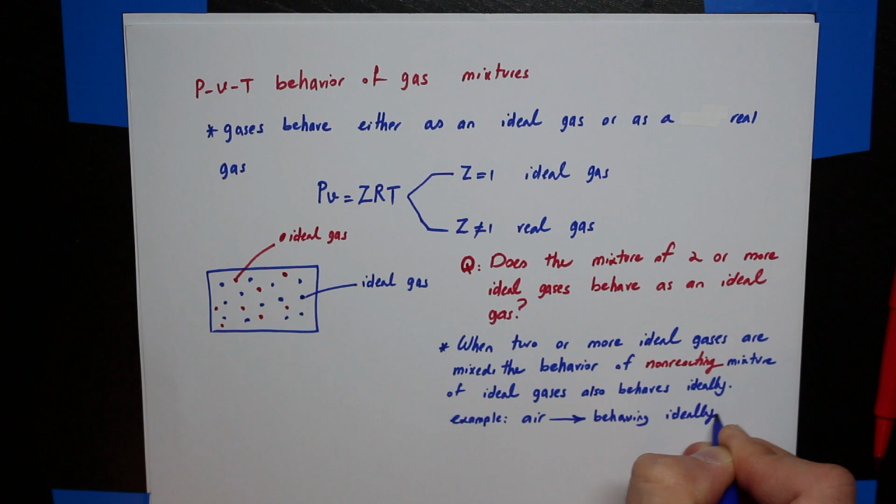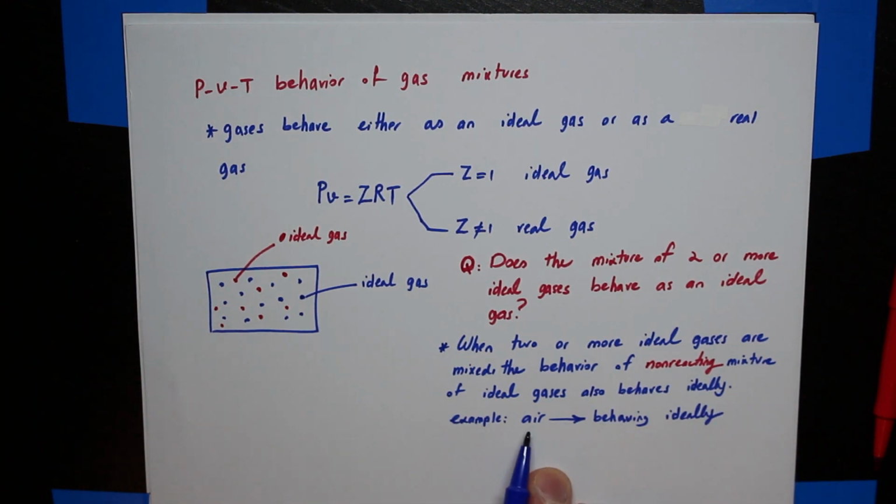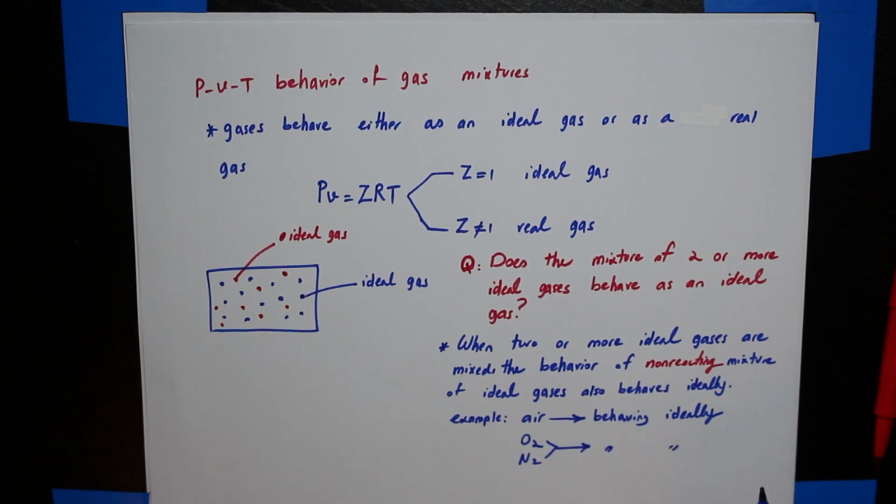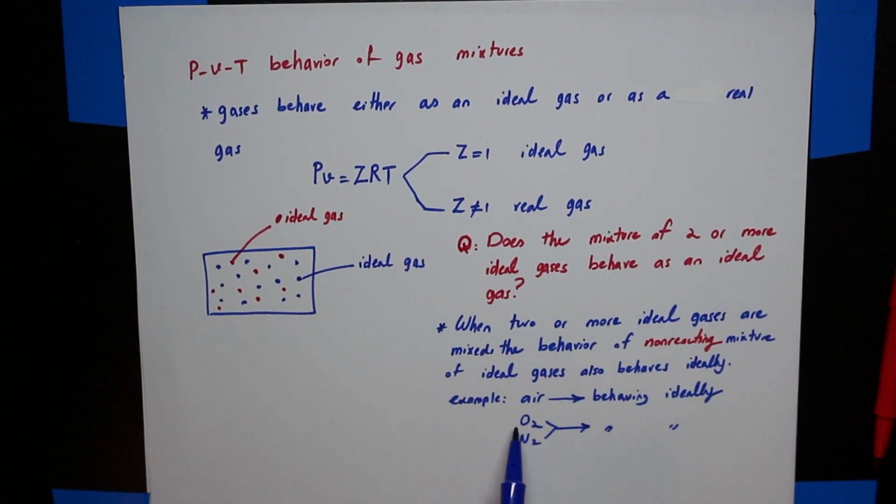at room condition, let's say, because definitely there may be some conditions where air is not behaving ideally. But let's say air is behaving ideally at room condition. Likewise, oxygen and nitrogen, which are the two main components within the air, are also behaving ideally. So because oxygen and nitrogen were behaving ideally, the mixture of them, which we tend to call air, is also behaving ideally.